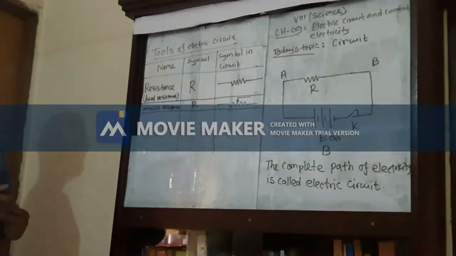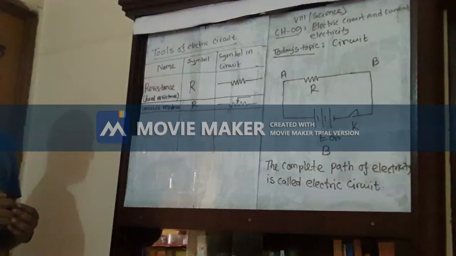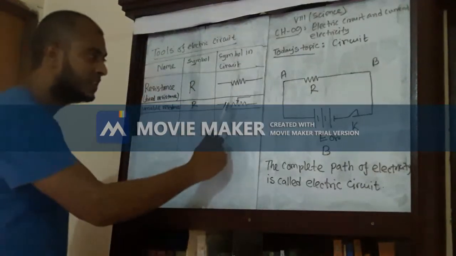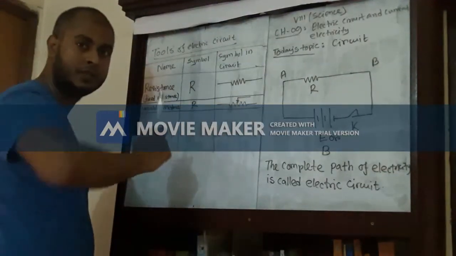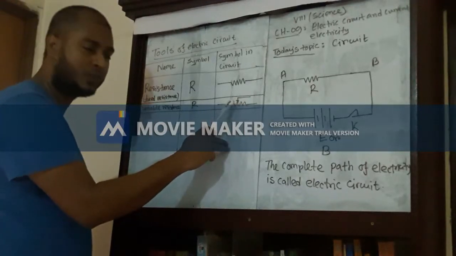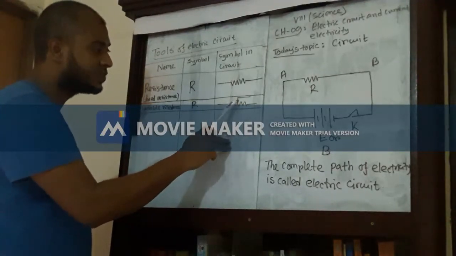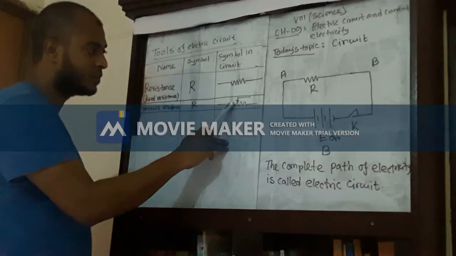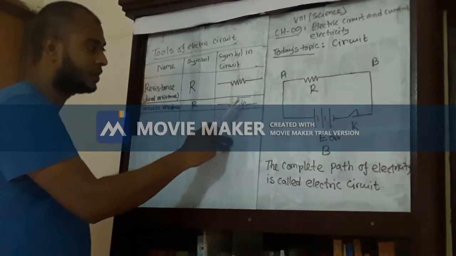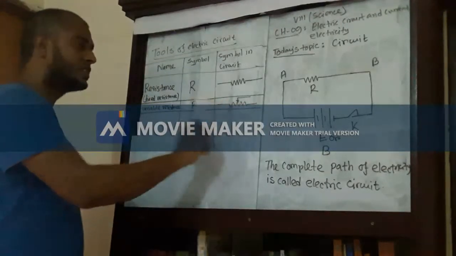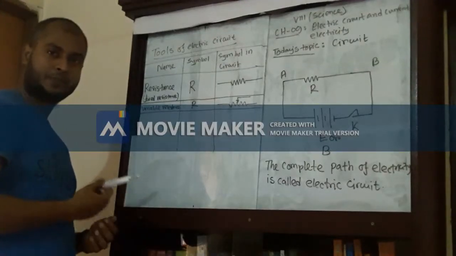You can touch this point, which is called the jockey, just like a pen point, at different points. That's why this resistance is called variable resistance.